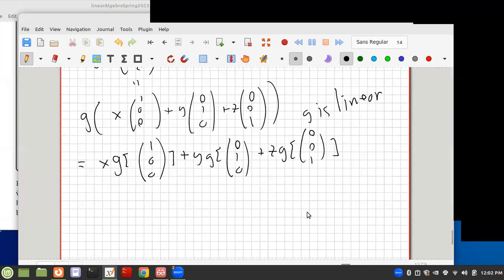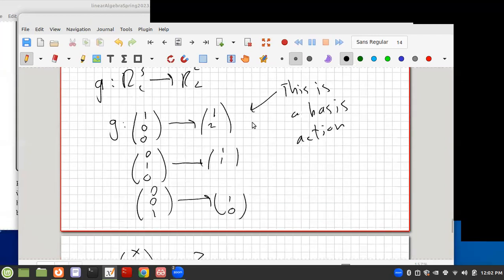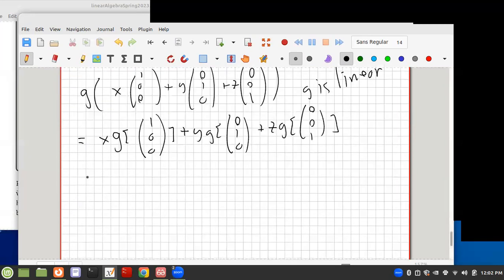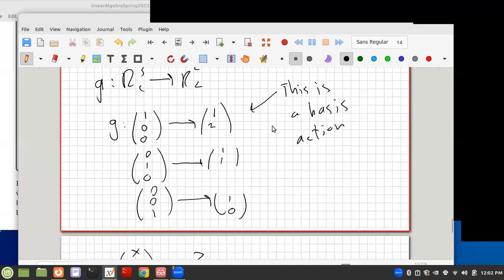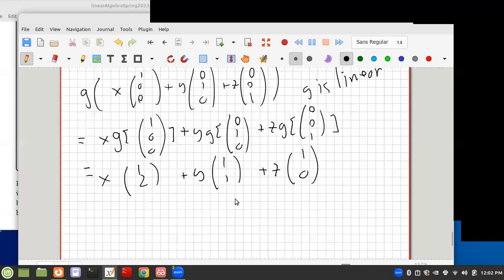Now, the point is, I've given you what G of the three basis vectors are. So I know it's going to be (1, 2), (1, 1), and (1, 0). So this is going to equal X times (1, 2), plus Y times (1, 1), plus Z times (1, 0). Then I can combine these together.